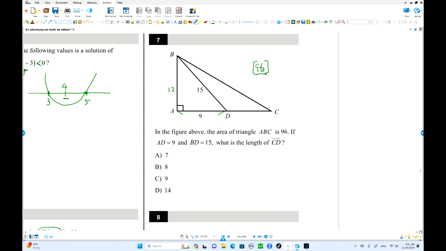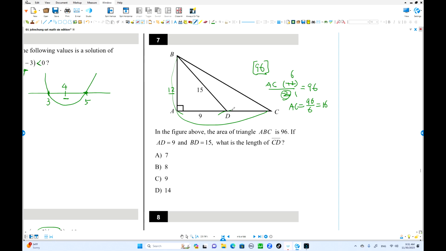So 96 over here. This area is base times height divided by 2. Base is AC times height, divided by 2. Don't forget we need to divide by 2, right? That triangle equals 96. AC equals, maybe you can simplify, 96 over 6 is 16.